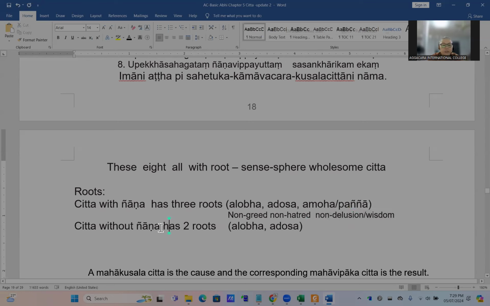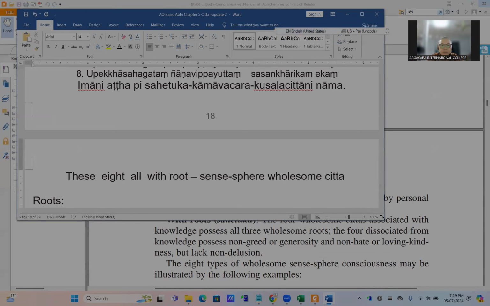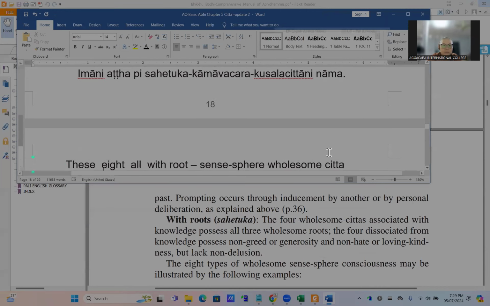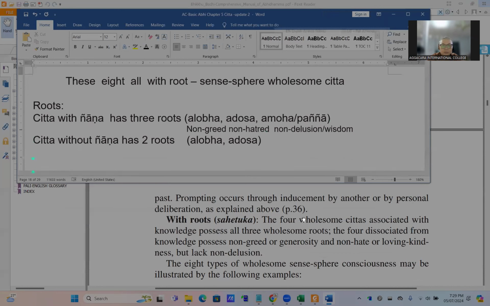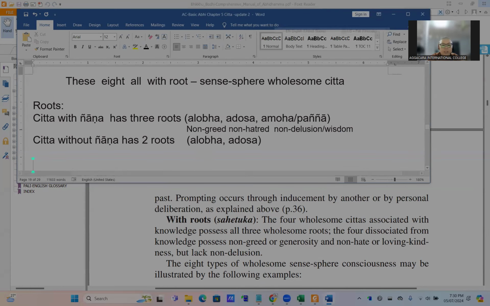And without the knowledge, there are two roots, alobha and dosa, without the amoha, right? So this is the one that was mentioned just now. Without the jnana, 4.